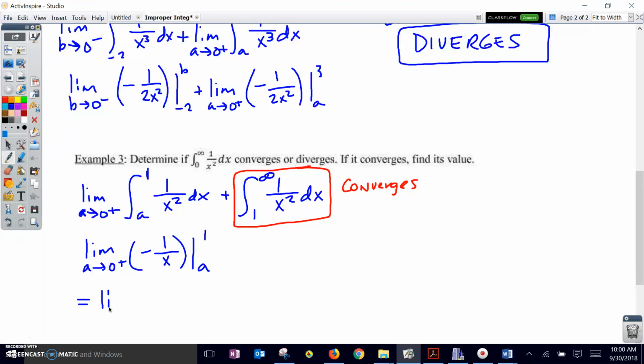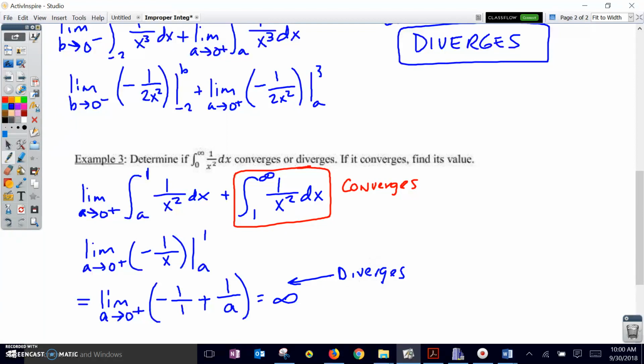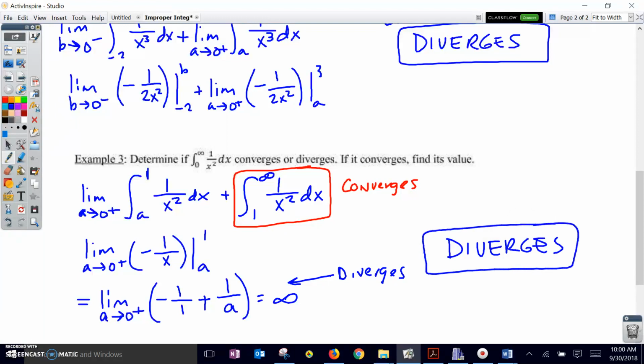And so this is going to be equal to the limit as a goes to 0 from the right of negative 1 over 1 minus negative 1 over a. And as a approaches 0, this approaches infinity. And therefore, this diverges. And since one part of the original integral diverges and the other part converges, that means the whole thing diverges.